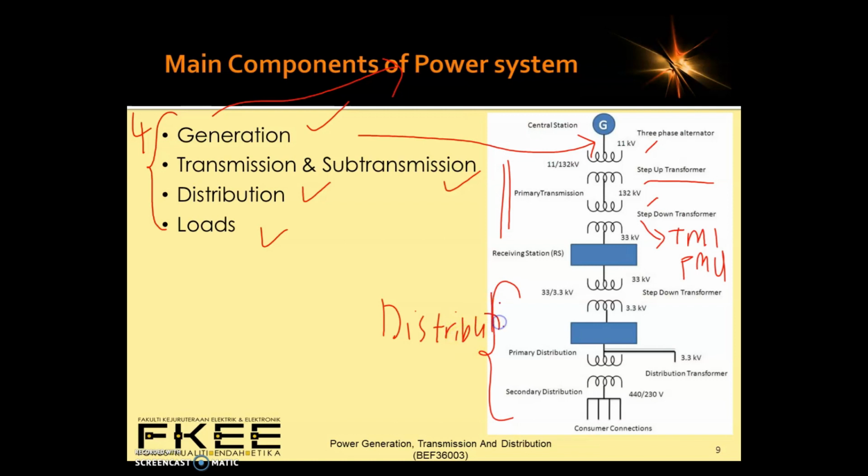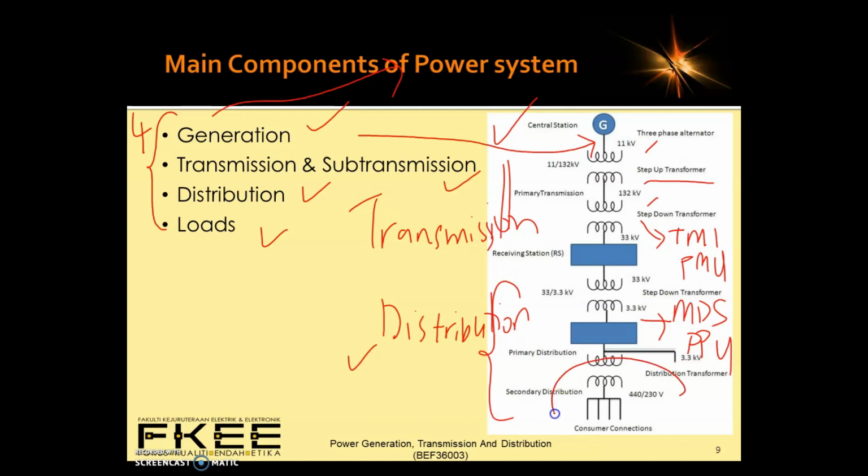Okay, so we have the generation part, we have the transmission part, and we have the distribution components. The distribution components we have here are the main distribution substation, or pencawang pengagihan utama. Okay, and then after that we go to the loads.